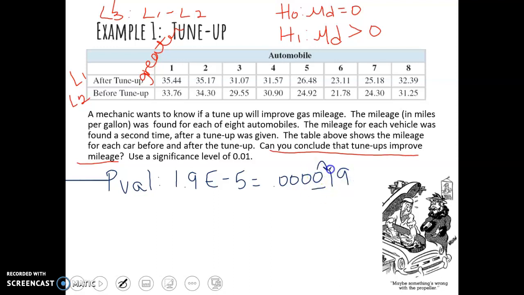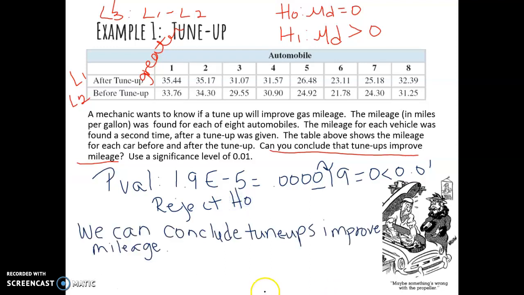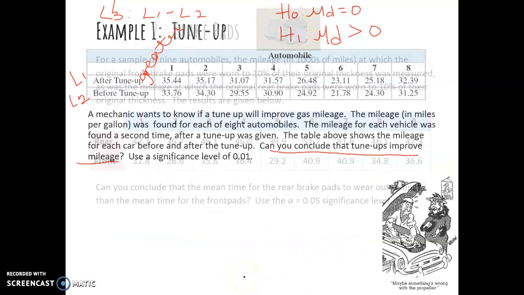The 0 looks at the 1 and stays as 0. So my p-value is 0, which is less than 0.01. So we're going to reject the null. So we can conclude that tune-ups improve mileage.